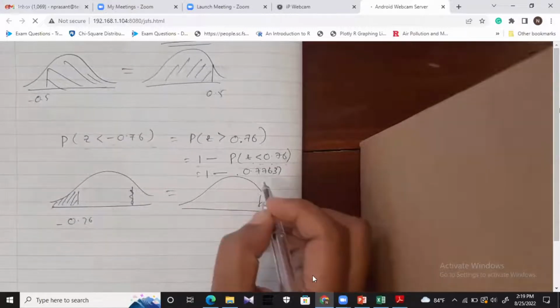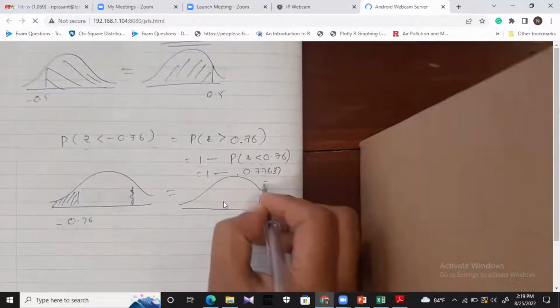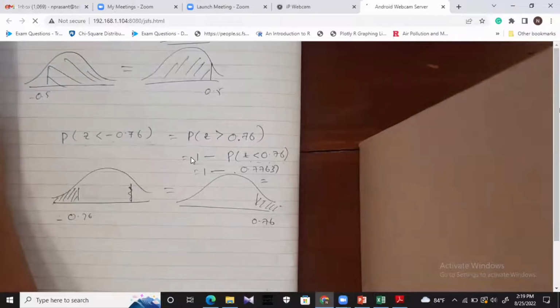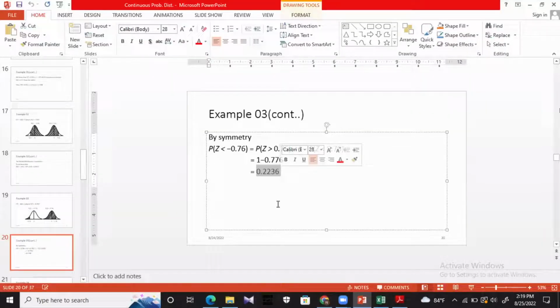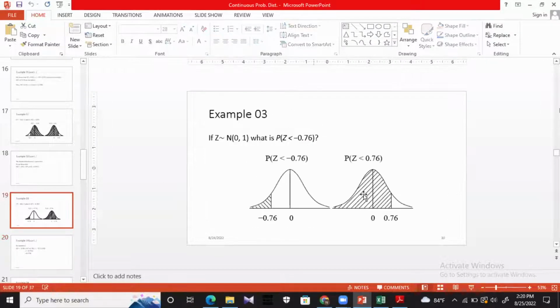Finally, you will have the probability that is 0.2236. Okay, 0.2236. Actually, in the diagram I have given here, these two diagrams are not similar.